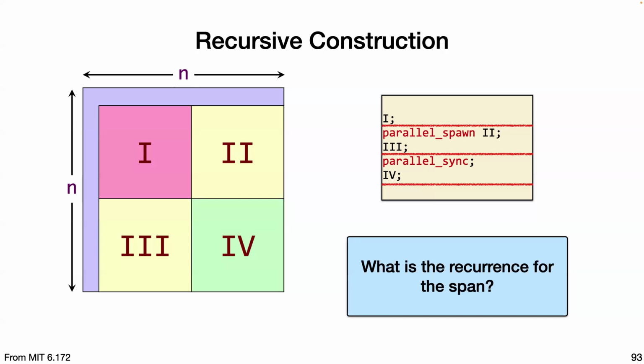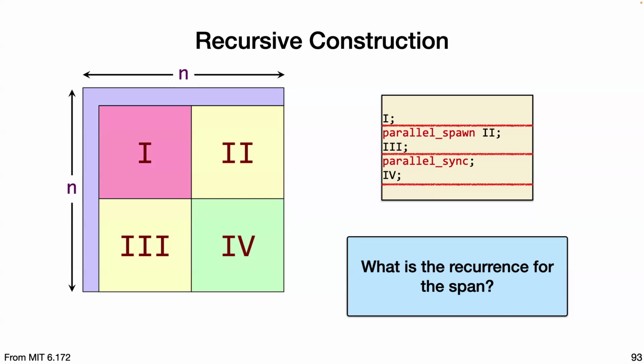T of n over 4 plus theta 1. So there is some dependency between the subproblems. If it was just a 1 in front of the T, that would mean that all the subproblems can proceed in parallel, because we would take the max over the span through all the subproblems.